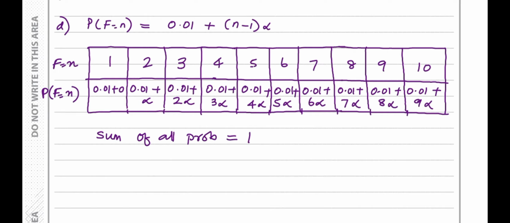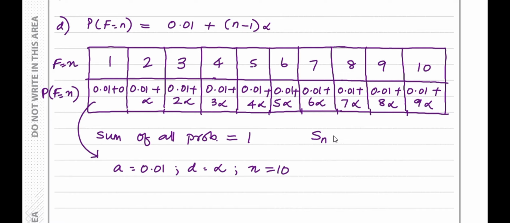Is equal to 1. And this follows an arithmetic series with the first term a equal to 0.01, the common difference d equal to alpha, and the number of terms equal to 10. There are two formulae you can use for finding the sum of an arithmetic series.